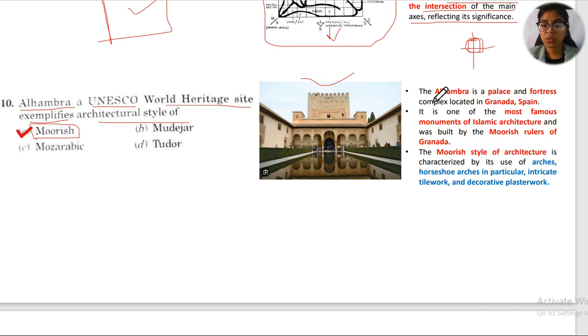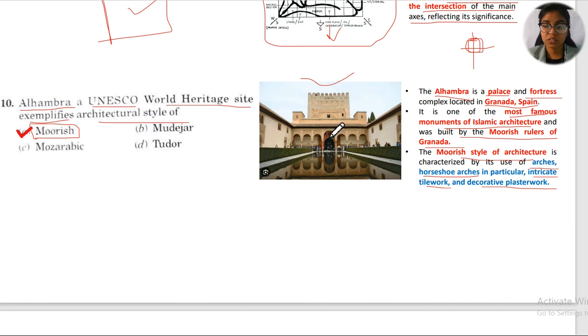First of all, about the Alhambra: it is a palace and fortress located in Granada, in Spain. Second point, it is the most famous monument of Islamic architecture and was built by the Moorish rulers of Granada. Now talking about the features of the Moorish style of architecture: it used horseshoe arches, intricate tile work and decorative plaster work.